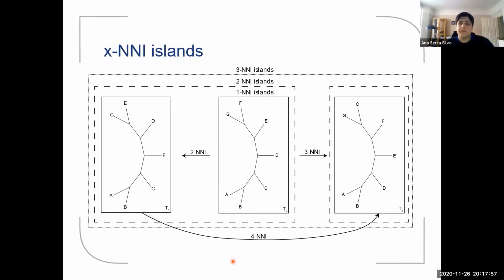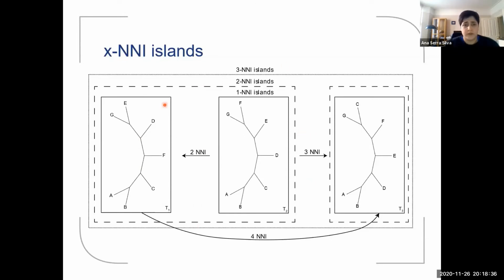However, what happens if we relax the adjacency threshold? So what if we think about 2 NNI or 3 NNI islands, or all the way to X NNI islands? What this means is that this will allow us to group trees that are not that different from each other, but that will still end up in different 1 NNI islands, simply because the intermediate trees are not present.